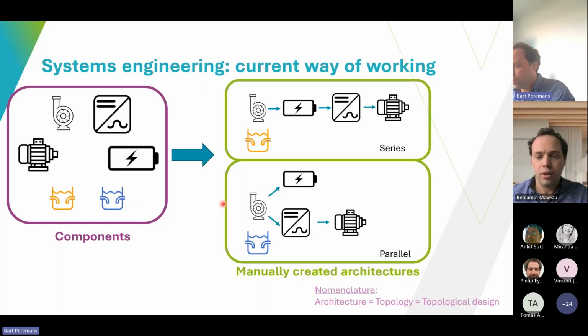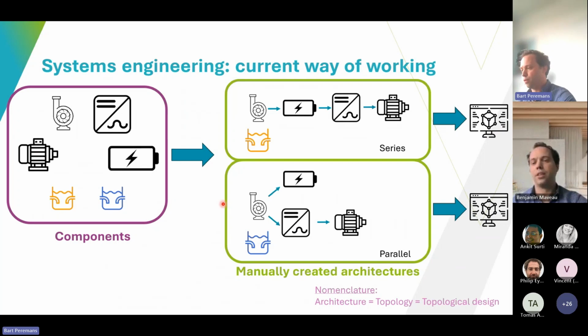Of course, now he also wants to determine how good these designed architectures are, and his next step will be to simulate them in the simulation framework of his choosing. And so from that, he will have a set of KPIs that are determined for every manually constructed architecture, and he can rank them himself.